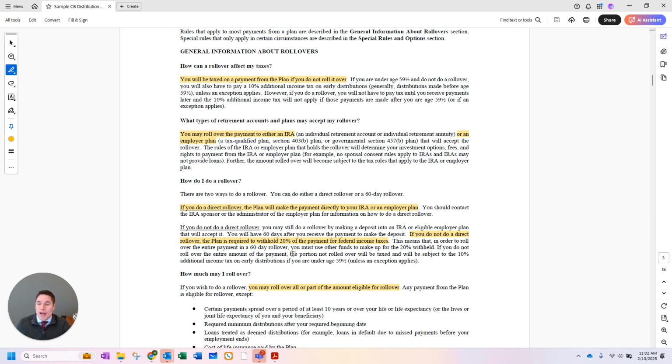If you do not do a direct rollover, the plan is required to withhold 20% of the payment for federal income tax purposes. So if you take a lump sum distribution and you bring that home, the third-party administrator, EGPS, whose name is all over this paperwork, they are required by law to withhold at least 20% for federal income taxes. So that's a big reason why I'm saying don't take the money home, don't get the annuity, just roll it over into the retirement plan and continue to save and accumulate money for your retirement.